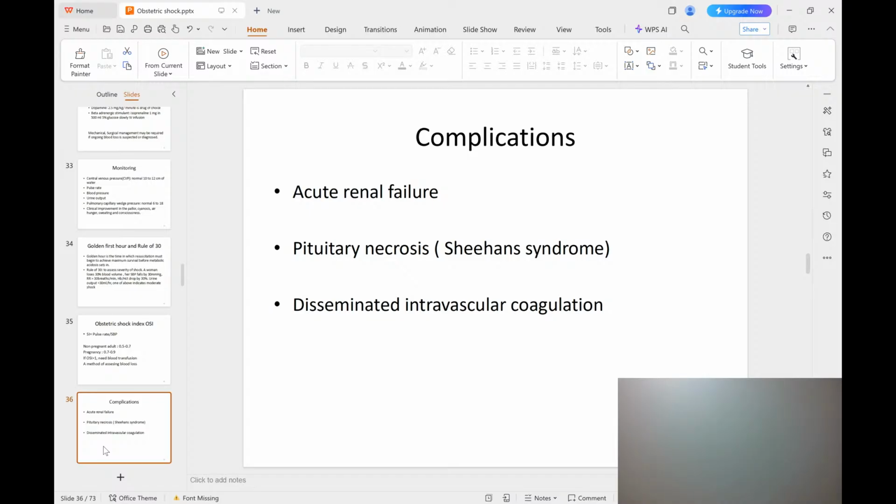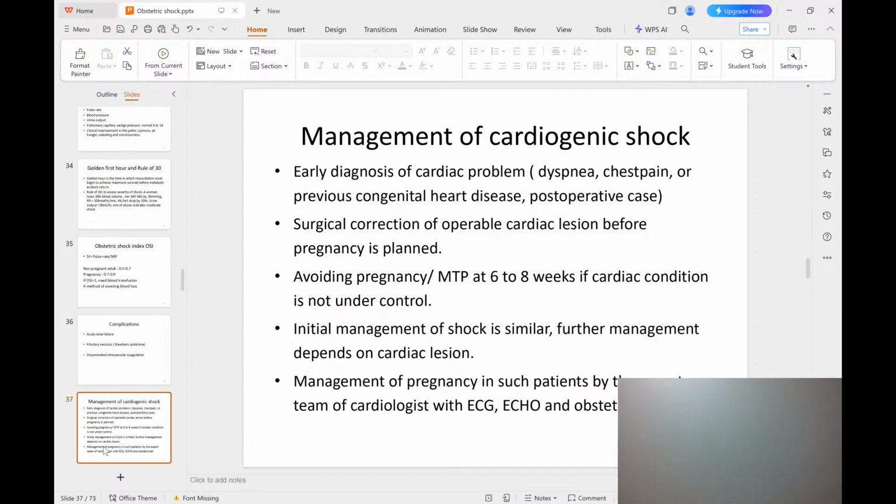And for management of cardiogenic shock, usually early diagnosis of cardiac problem like dyspnea, chest pain, or previous congenital heart disease or post-operative case is required.